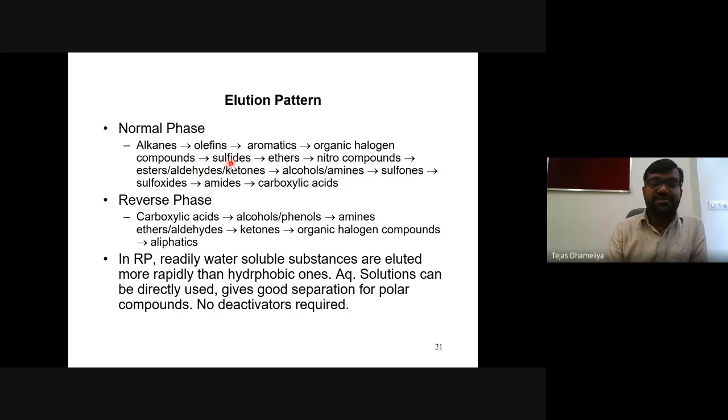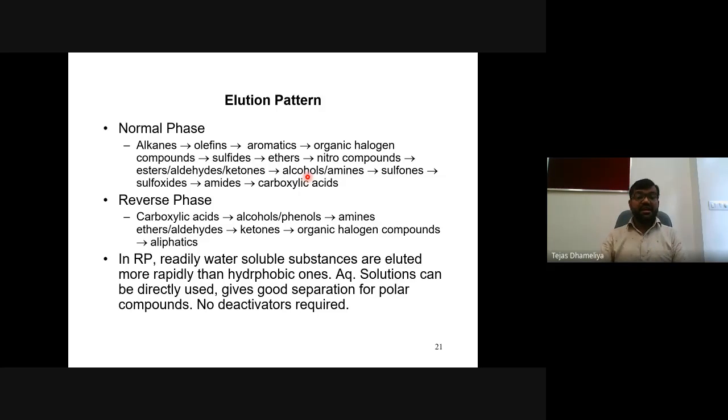Then it will come for sulfides, ethers, nitro, sulfones, sulfoxides, and amides. So they will be in between. And the carboxylic acids will be the last. So in normal phase, this is an elution pattern which is generally favored.